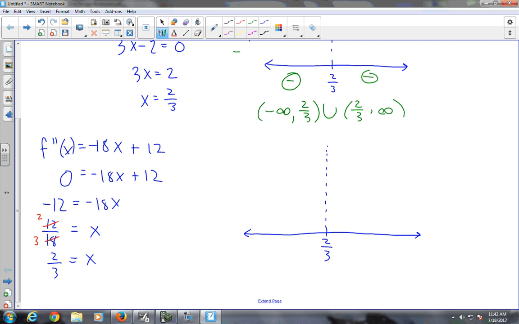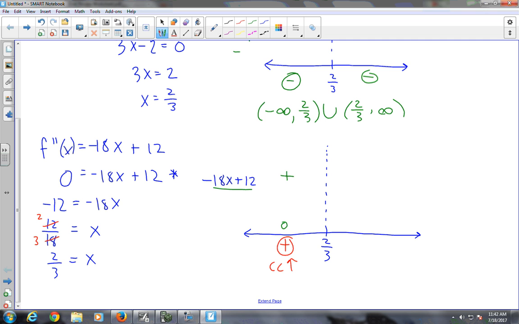Remember, our second derivative only had this one factor, so it's going to determine the sign or the concavity on each interval. So if I choose a test point less than 2/3, let's say 0, I would discover this factor is positive. A positive second derivative indicates the original curve is concave up on that interval.